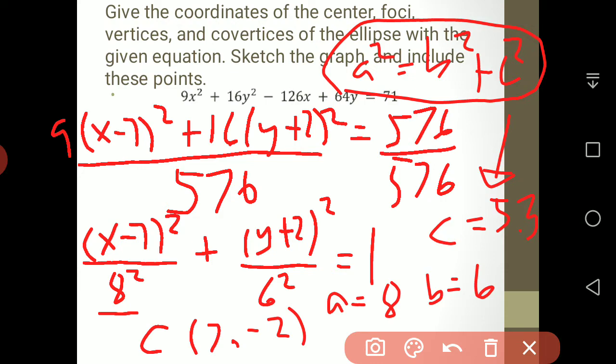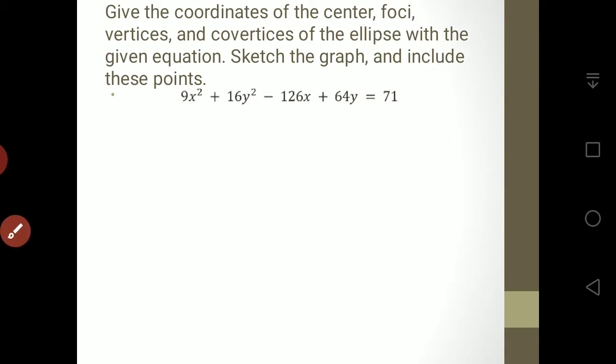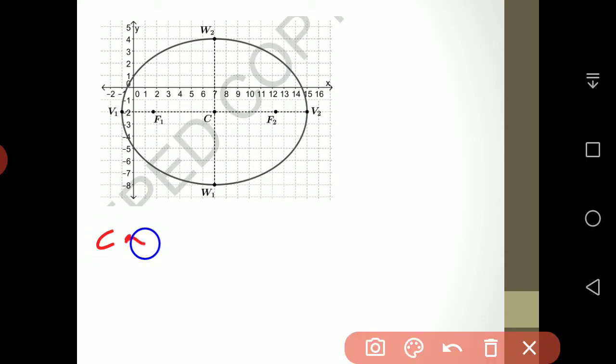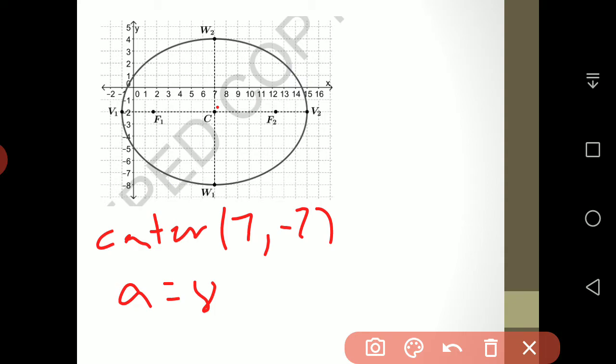So let's see its graph. It's on the next slide. So again, our center is at 7, negative 2. So it's right there. And a is equal to 8. From 7 to 15, that's 8.